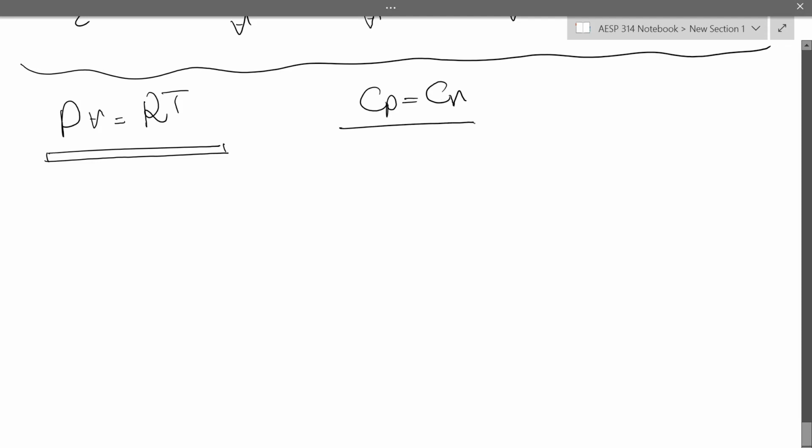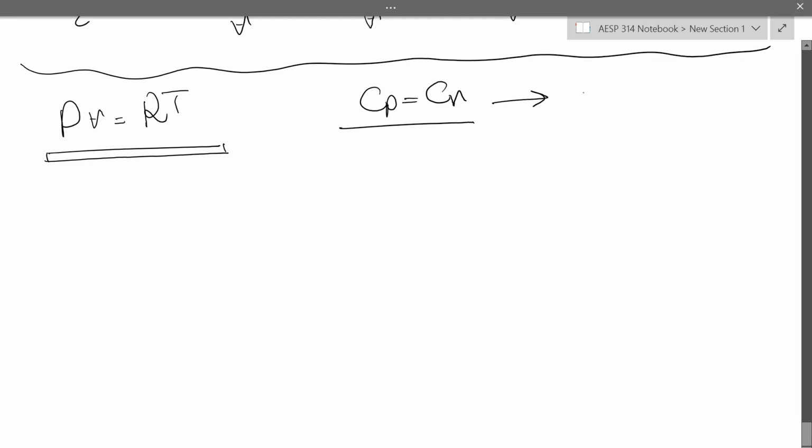Let's go back to the ideal gas law and let's see what we can do to find some relationship between Cp and Cv for an incompressible gas or an incompressible solid or liquid. What we had was Cp is equal to Cv, right?